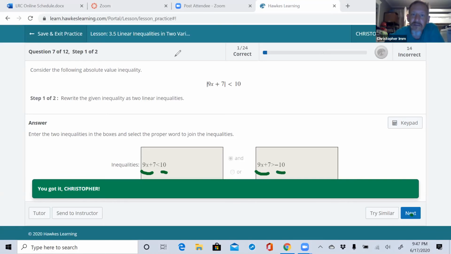So only when you're using this less than, you can actually write it as -10 less than the thing in absolute values is less than 10. And sometimes that makes it easier because this is called a compound inequality, but it only works with that less than. All right, I just wanted to show you that, just in case you forgot about that.